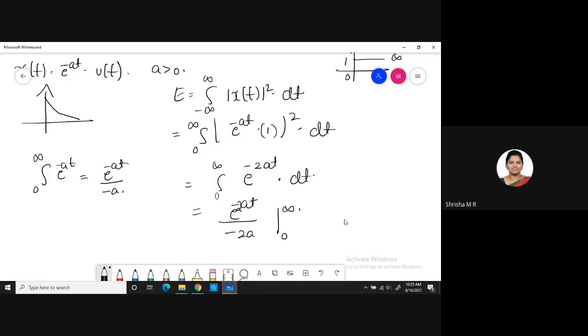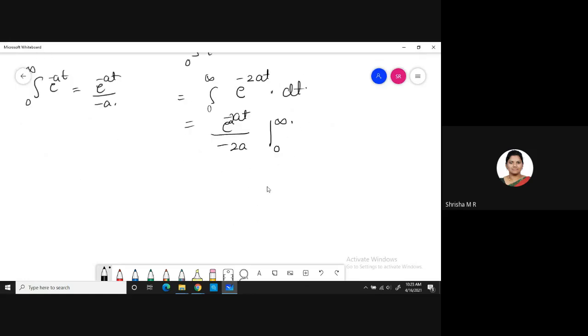Wherever you have t, put the limits 0 to infinity, upper limit minus lower limit. Take minus 1 by 2a outside like a constant, and put limits to e power minus 2at, which is nothing but minus 1 by 2a into e power minus 2 into a into t at infinity, minus e power minus 0.